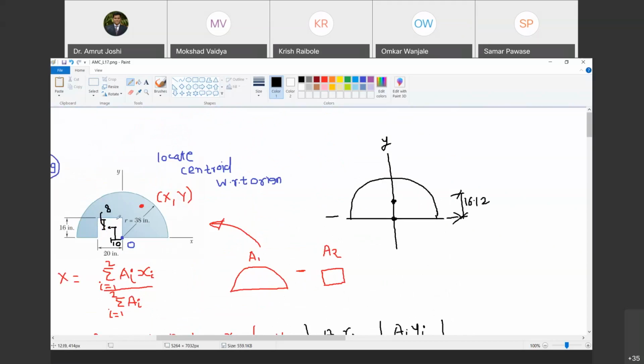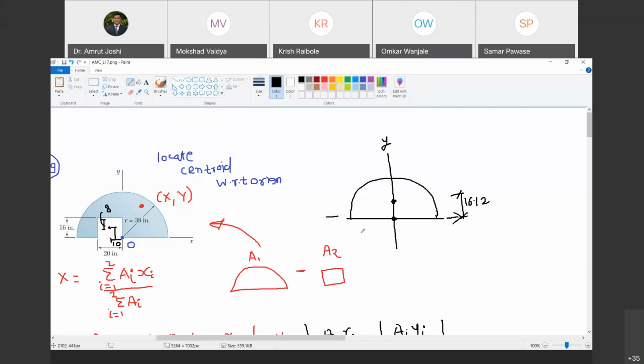As you drill this hole, the area becomes concentrated in the first quadrant. Do you agree with me? Yes, sir. That means I expect that the centroid should now shift towards the location where there is densely populated area. So I expect that it should shift to the right and it should shift up with reference to the centroid for this figure. Are you with me?